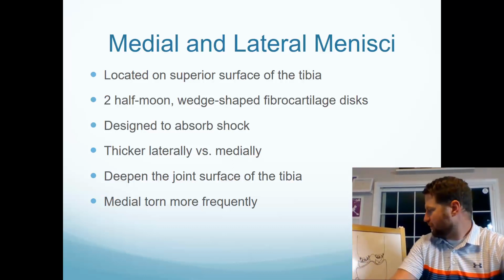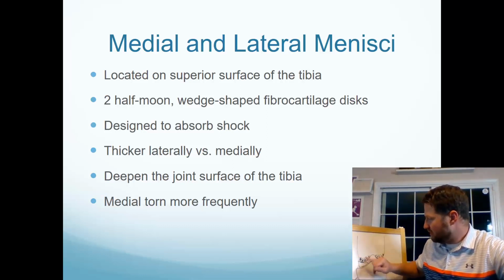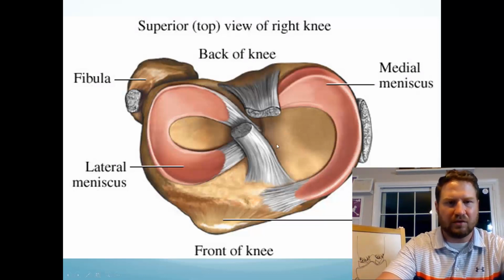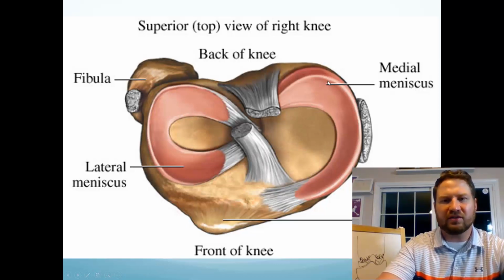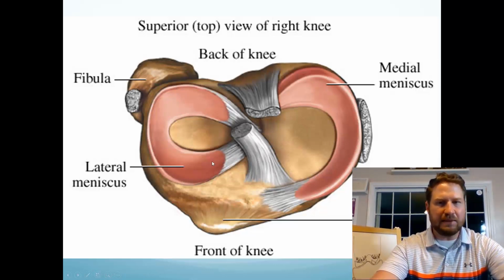Medial is torn more frequently, okay? And that has to do with the locking mechanism. So this is your lateral meniscus and your medial meniscus. Your lateral meniscus, this picture shows how much less deep that one is.